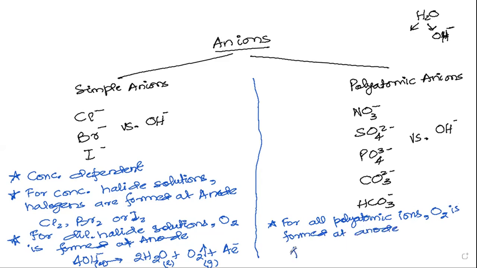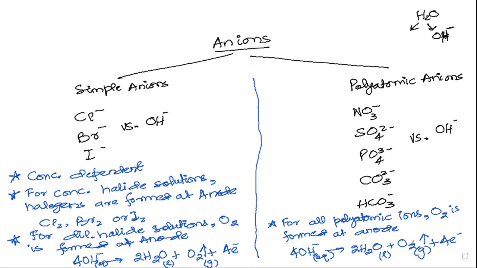So I'm going to repeat this equation. 4 OH negative aqueous gives us 2 H2O, 2 water molecules as liquid, plus O2 oxygen as a gas, plus 4 electrons. The gas can be shown by an upward arrow, meaning it would bubble out of the solution.